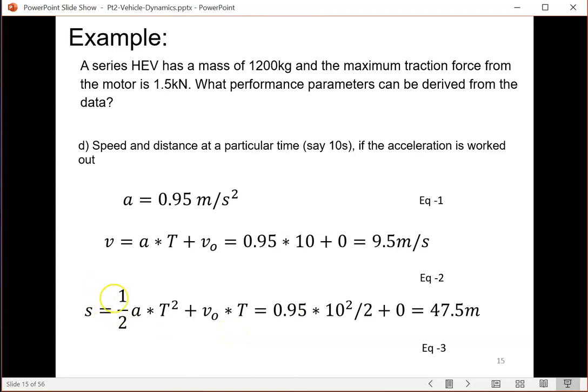So it's half times A times T squared. A is 0.95, T is 10 seconds, so that's times 10 squared divided by 2. And we end up with 47.5 meters. So it's not very far. In 10 seconds, you travel just less than 50 meters.